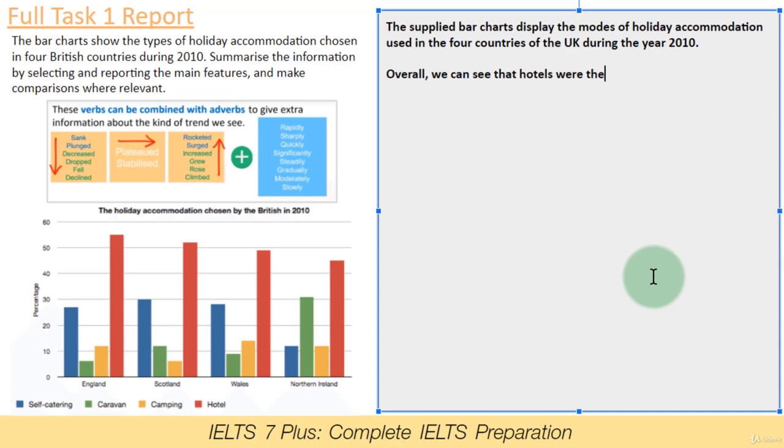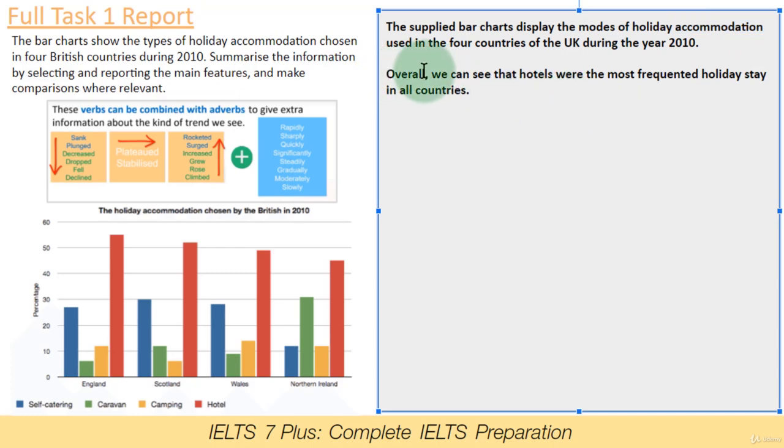hotels were the most frequented, which means attended, which means visited, were the most frequented holiday stay in all countries. Now here, stay, I'm really trying not to use accommodation too much. I feel like I might repeat myself here, so I'm going to start trying to think of different ways to say this.